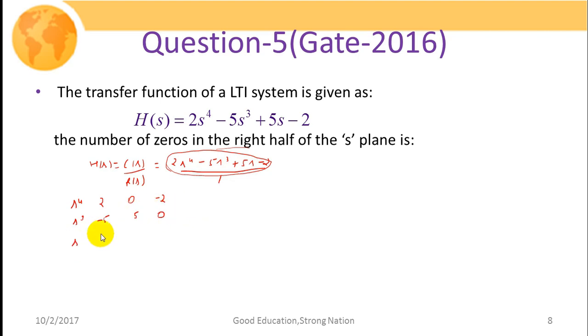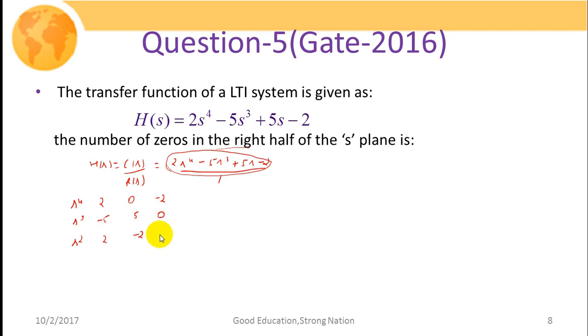So how are we going to calculate the next row of the Routh table? -5 times 0 minus 5 times 2, that is 10, divided by -5, that turns out to be 2. Then -5 times -2, that is 10, minus 2 times 0, divided by -5, that turns out to be -2.